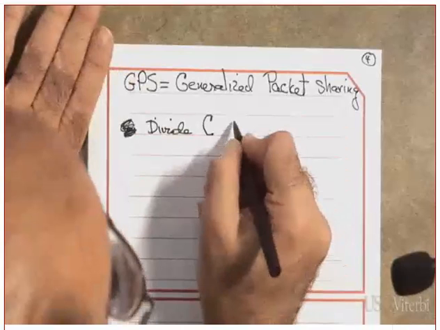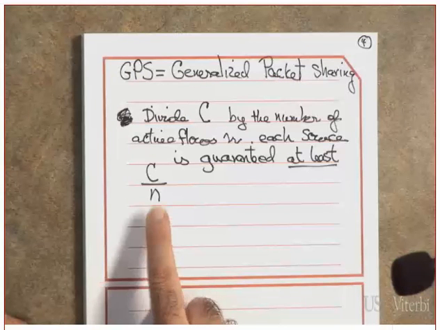Let's assume that I have the following: 2 flows, and 2 packets, each of size L, the same size. They came in. And then we have a server serving them, and let's assume the capacity of the server is C bits per second. This is L bits, and this is L bits. Did you get this or not?